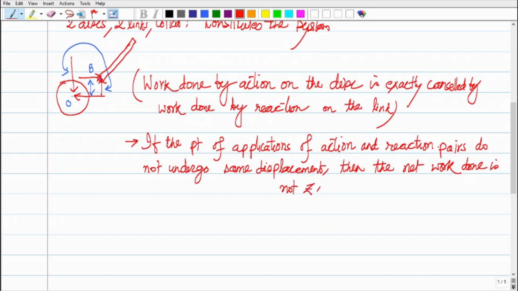Okay? But if they undergo the same displacement, then of course it is zero.